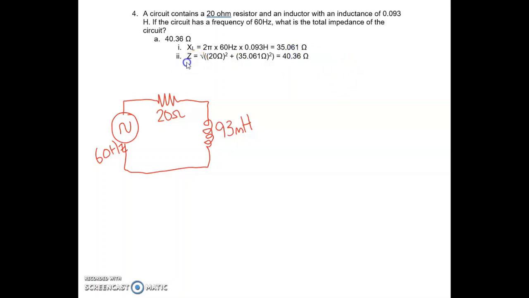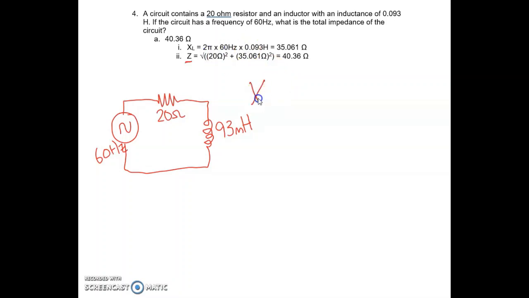Impedance is Z here. So to solve for impedance, we need the resistance, and we also need the inductive reactance of this inductor. Inductive reactance, again, is the current limiting thing of an inductor. That formula is shown here.